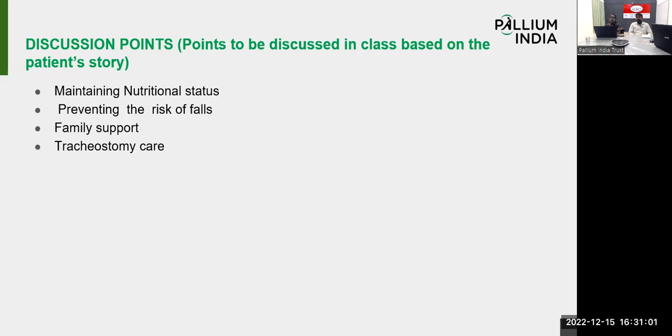You can do a family meeting and make them understand the current situation, and what the benefits and the bad things are. You have to educate the caregivers and make them understand first. Then they will understand. Okay, here tracheostomy care is also important.